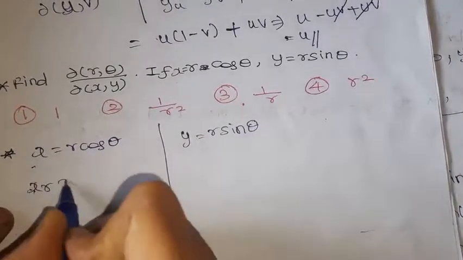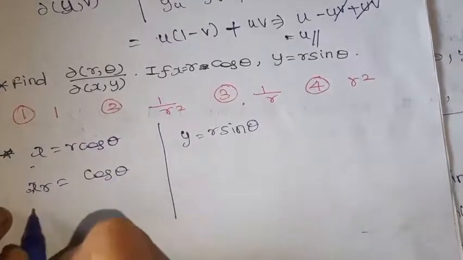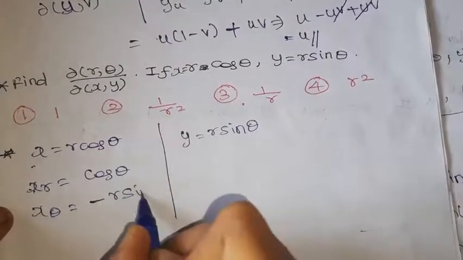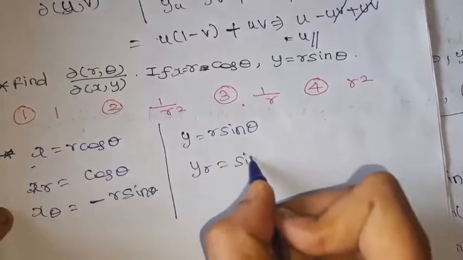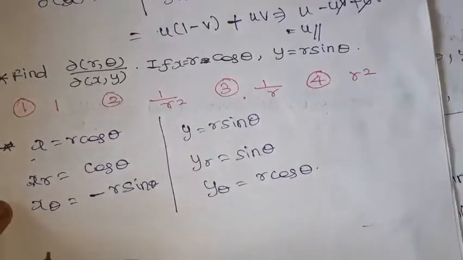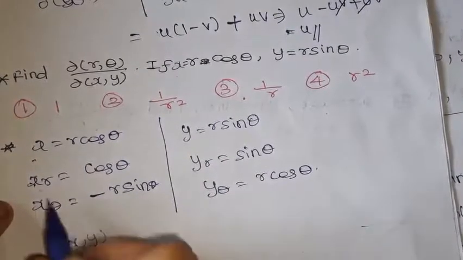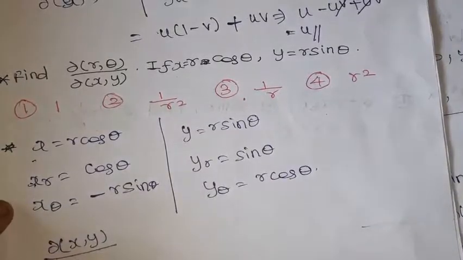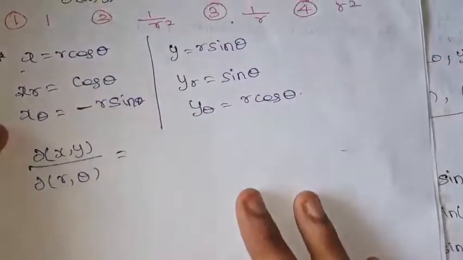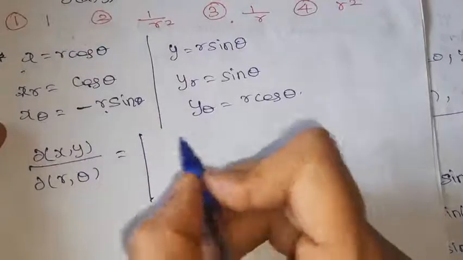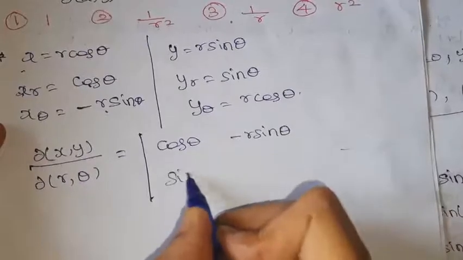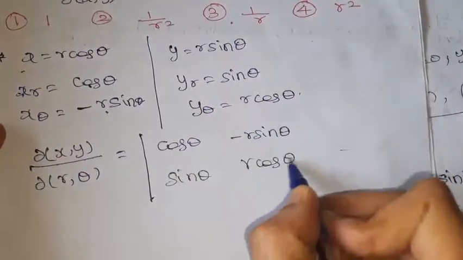So x_r is nothing but cos θ, x_θ equals minus r sin θ. Then y_r equals sin θ, y_θ equals r cos θ. Taking the matrix: cos θ, minus r sin θ, sin θ, r cos θ.